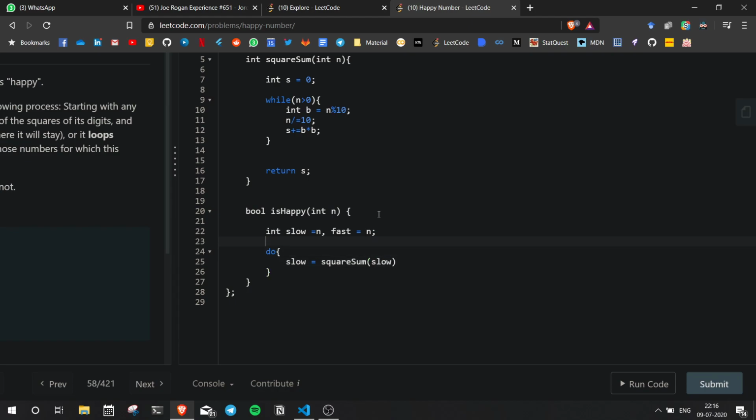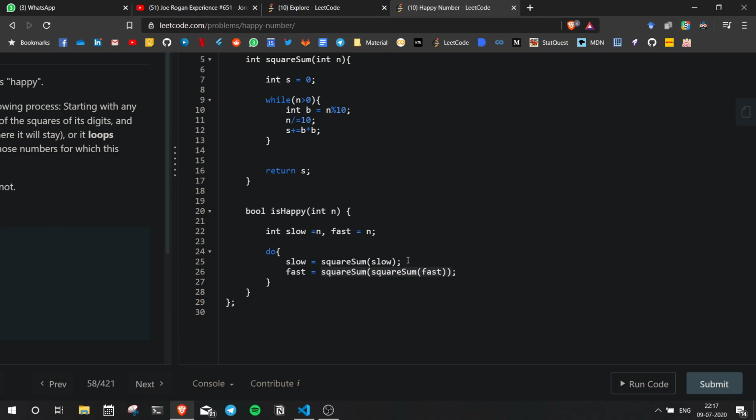Here you can see slow has already been given the value n, and fast will be square sum of square sum. This is the important part where we are calling square sum twice. So square sum of fast will give us the square sum of fast, and then again we are running square sum on that.